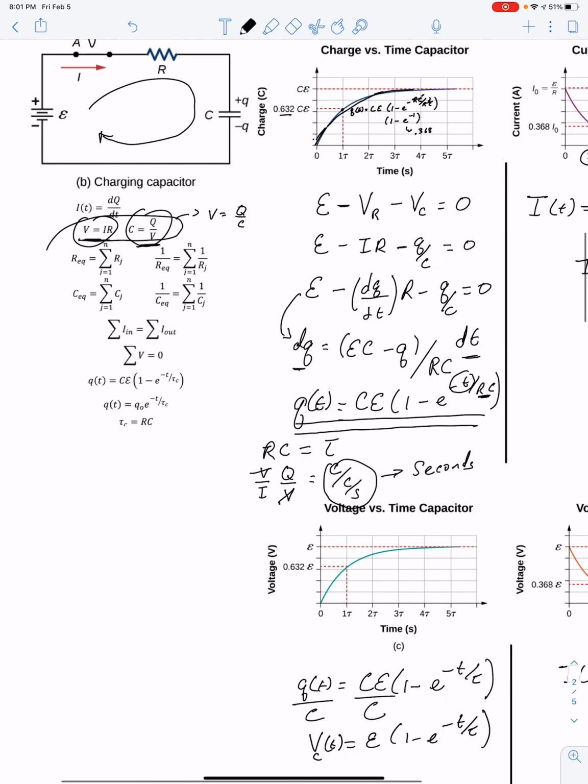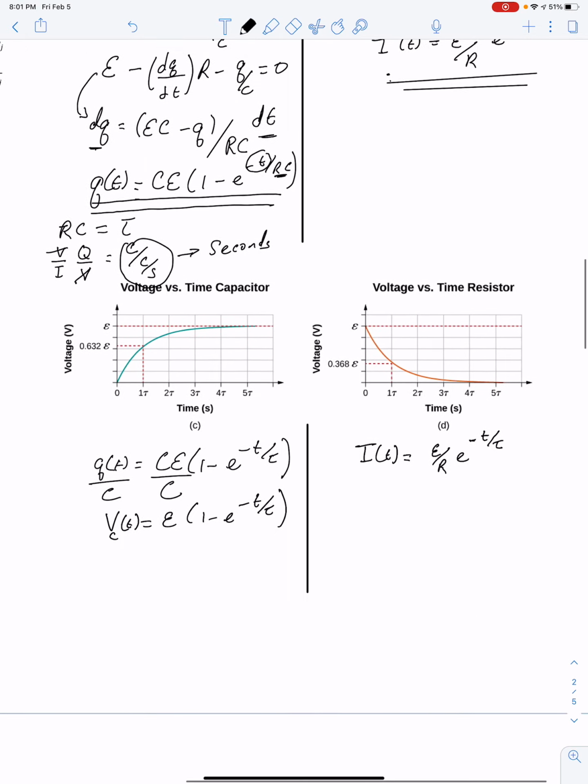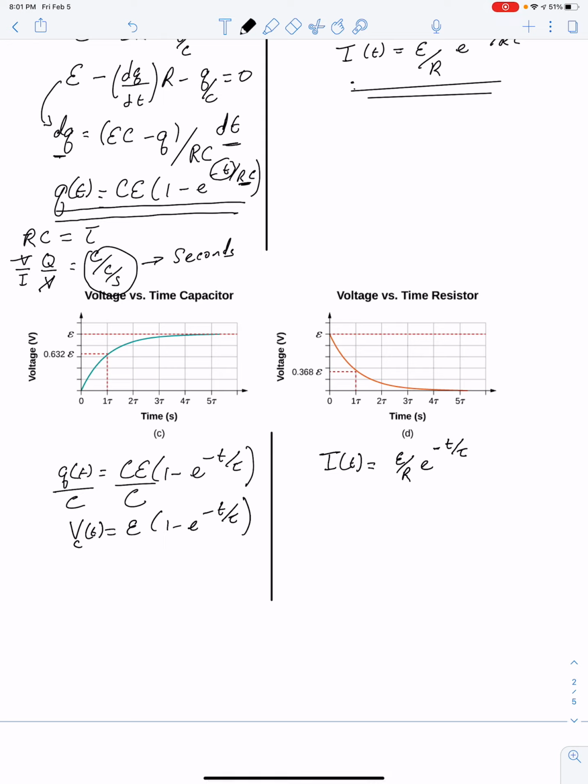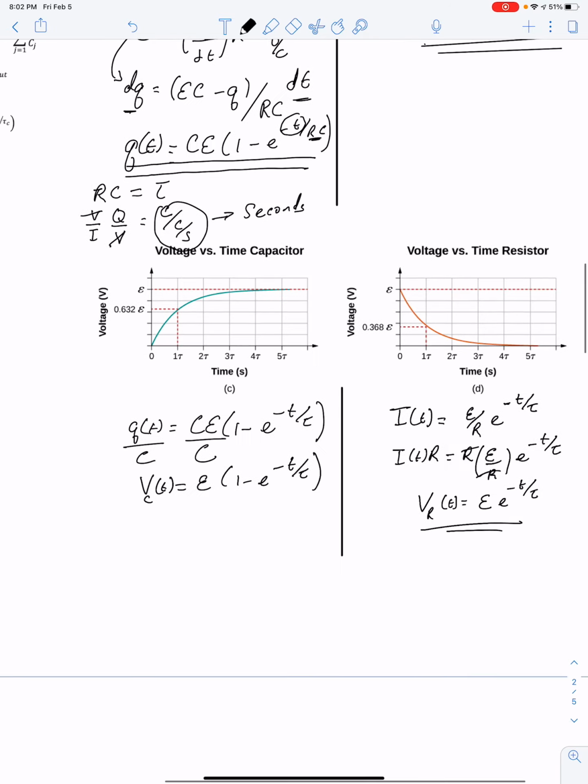Now, if we use the equation again for V equals IR, voltage equals current times resistance, we can rearrange this as we multiply on both sides by resistance R, and in this one right here, we multiply by R too, and we're left with voltage across the resistor over time equals EMF times e to the negative t over tau. Tau meaning RC. Okay? All right.